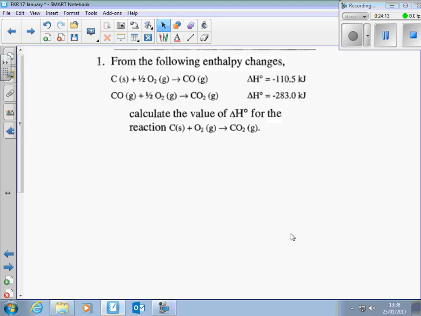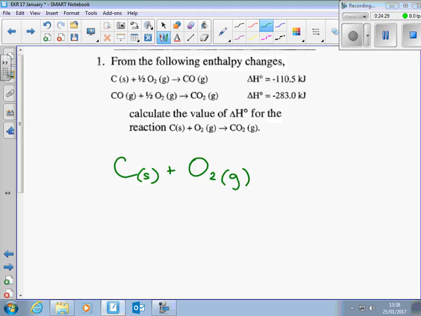Right, where to start with this one? Well, we're being asked to work out, I'll do it in a colour so that it stands out, carbon, solid, plus oxygen, gas, gives us carbon dioxide as a gas.